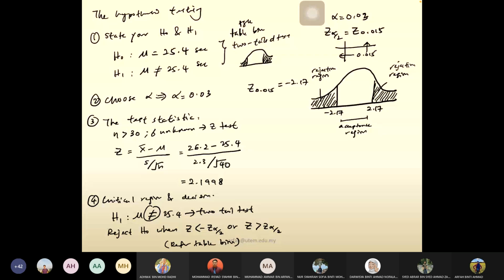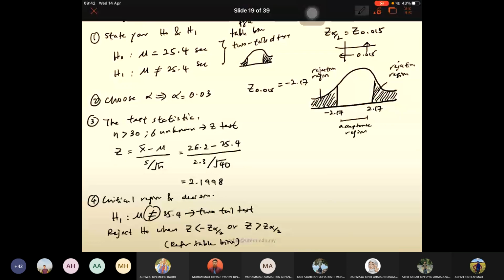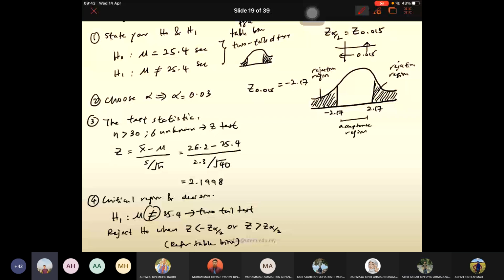Okay. So 2.1998 jatuh dekat mana? Acceptance atau rejection region? Rejection. Rejection, okay. 2.19 positif dan dia maybe somewhere dekat sini. Ini adalah 2.1998. Okay.